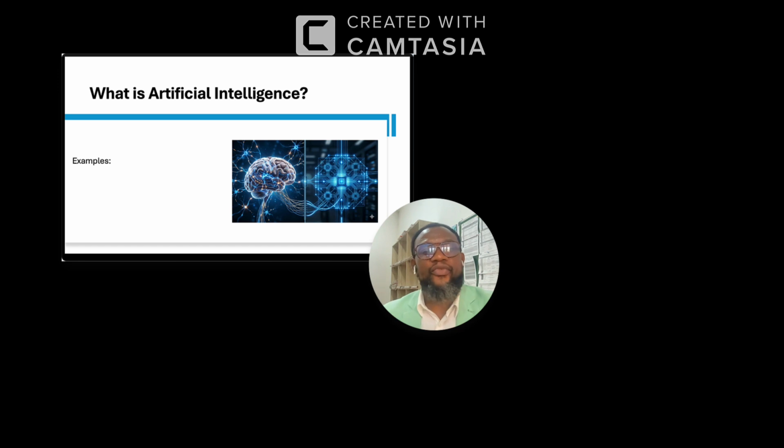Okay, so what is artificial intelligence to start with? Artificial intelligence refers to computer systems that are designed to simulate aspects of human intelligence, okay? So they are systems that can carry out tasks that normally would require human intellect.